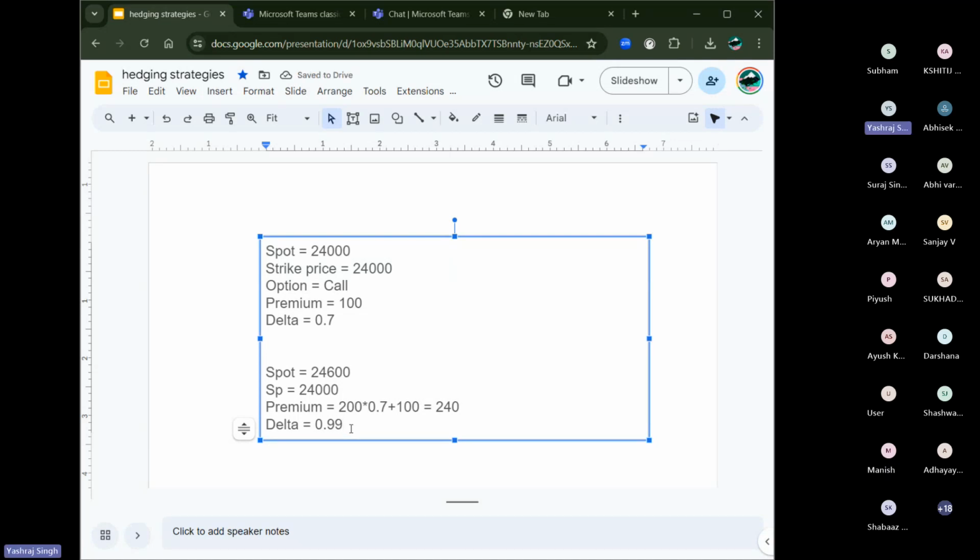That's how we understand it. But it can happen like this, if it goes above the strike price, then this can happen, right? Is that understood?